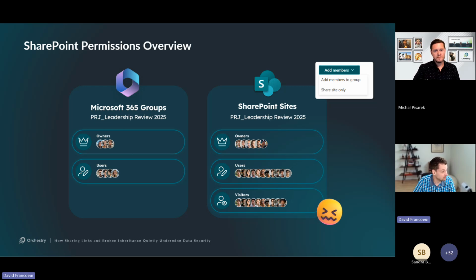And by adding people to your SharePoint site only, you end up having a big delta of additional people that have access to the site that you don't have visibility to in the group. So you've been told and you're trying your best to manage permissions at the group, but at the end of the day, you can't do it just there because you need to manage both the site and the group, and you need to make sure that if they're not aligned, that it's intentional, right? Very hard. And it's never aligned.